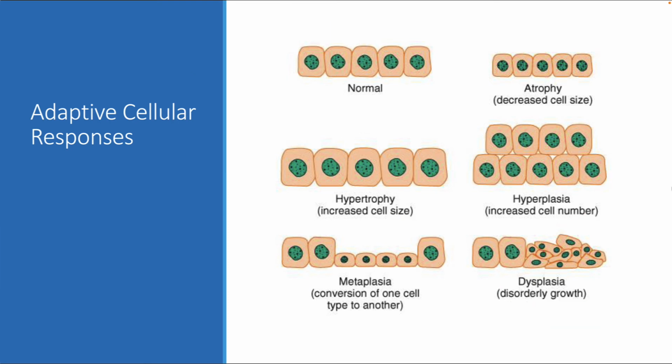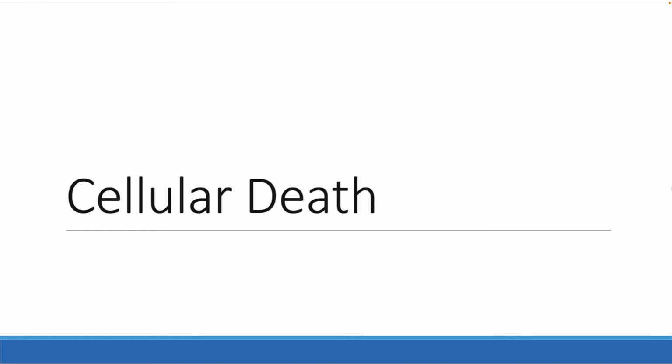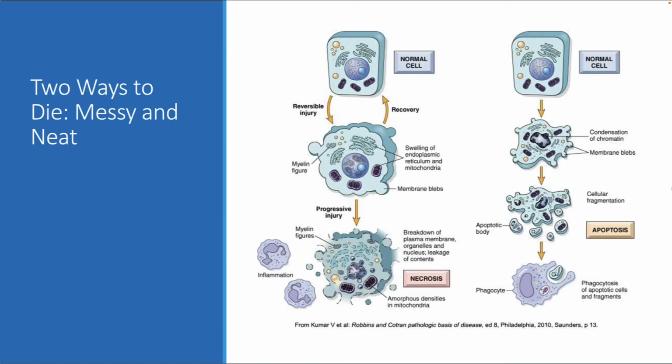All right. Now we're going to talk about cell death. Now, there are two ways for cells to die. They can die a messy death, which is necrosis, or they can die a nice, neat death through apoptosis. So necrosis is where, for instance, there's just overwhelming injury to the cell.